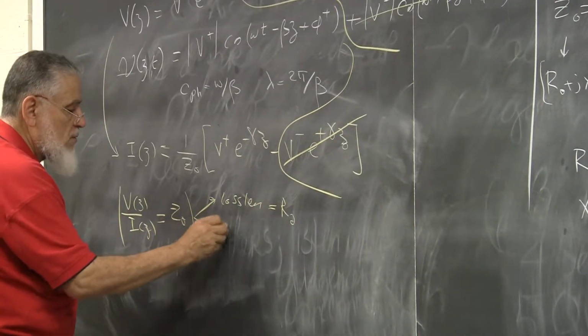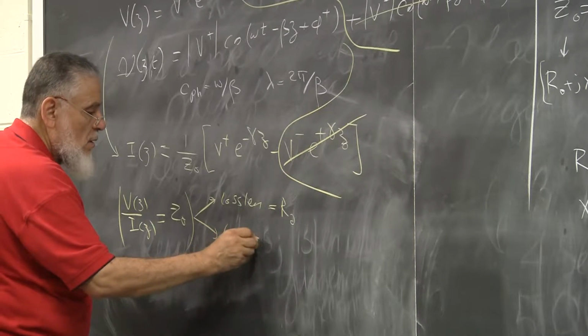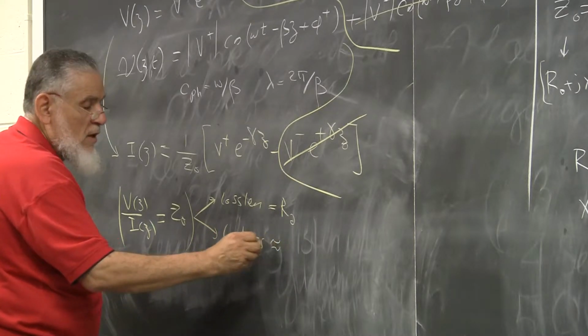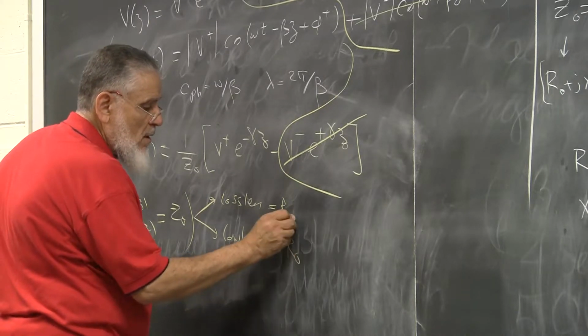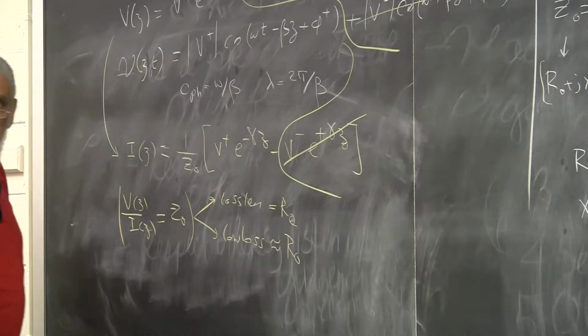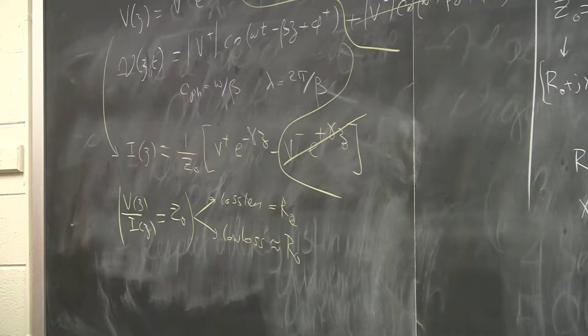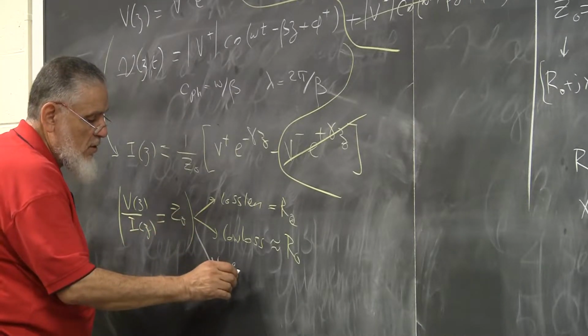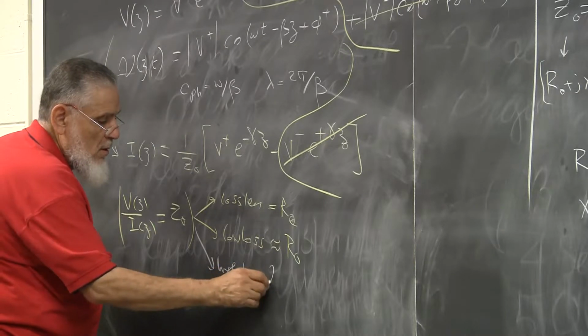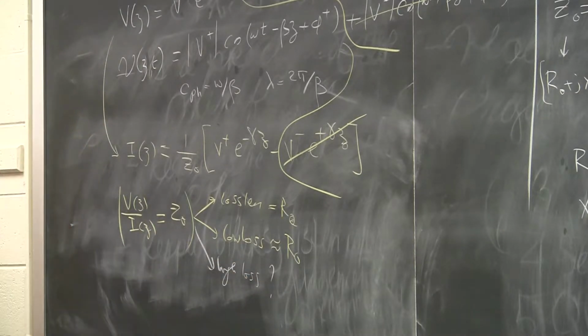In the case of low loss, if you remember last lecture, we approximated that also to R naught. There wasn't much of a change. And we did not discuss the high loss again. High loss is not in our interest at this point. We'll leave it as a question mark.